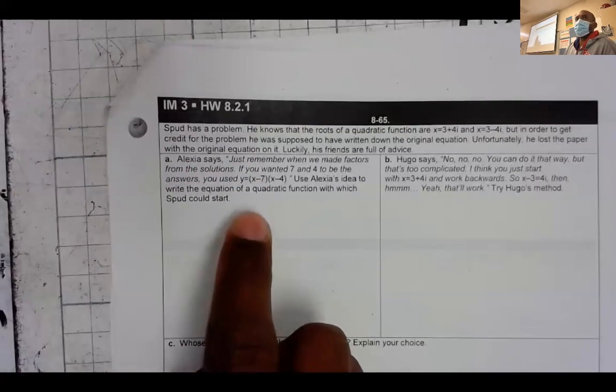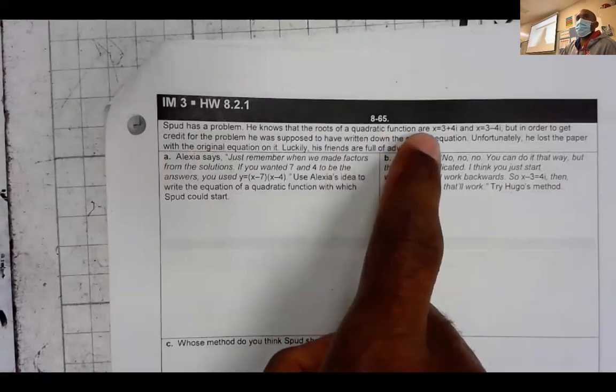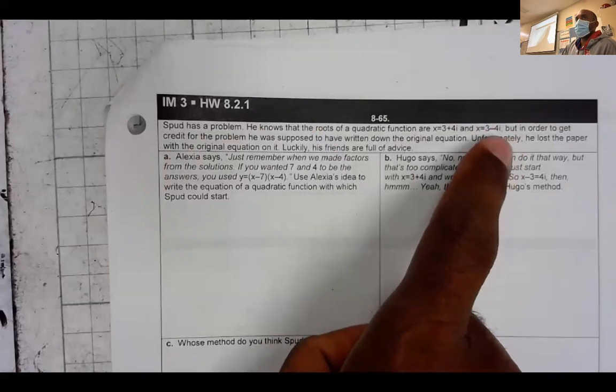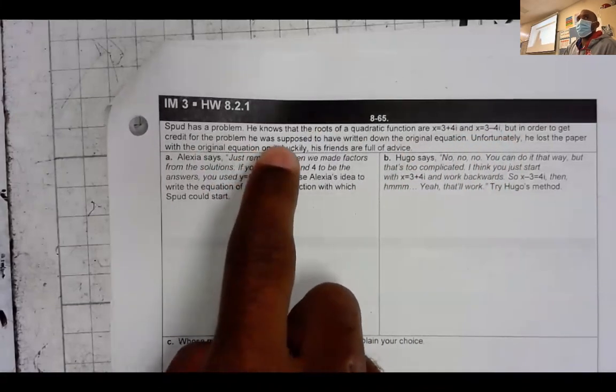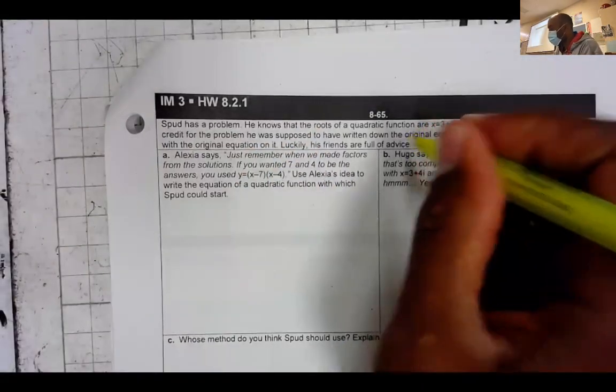So when you go over here to the left, it's saying that this guy Spud has a problem. He knows that the roots of the quadratic function are 3 plus 4i and 3 minus 4i. But in order to get credit for the problem, he was supposed to have written down the original equation.